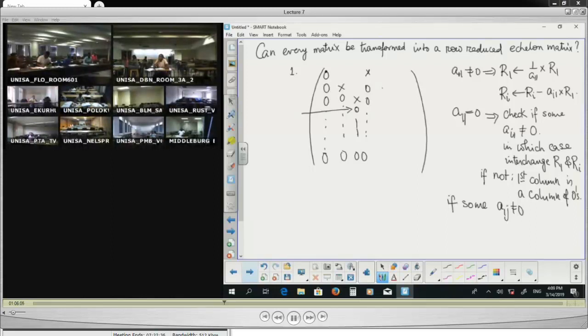You have to interchange the rows, and so you see, this settles this issue for the first one. And in doing so, we have actually obtained a reduction up to this stage.